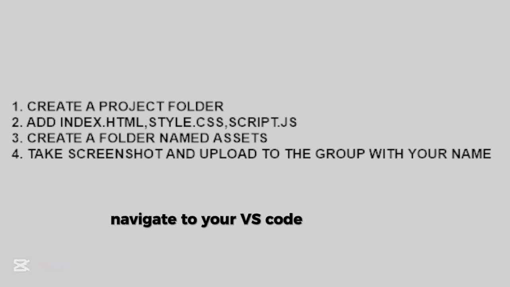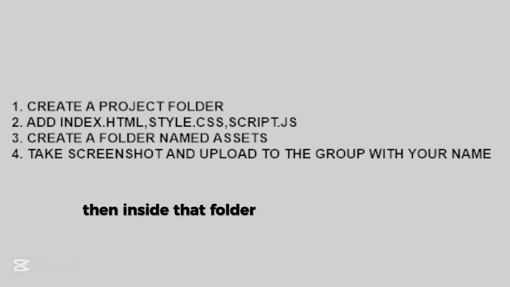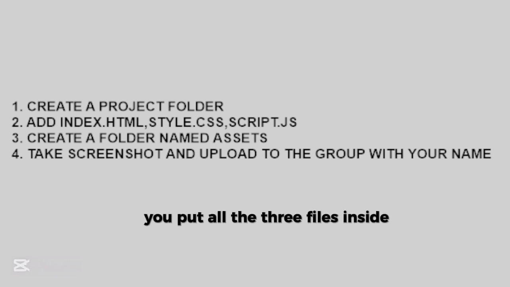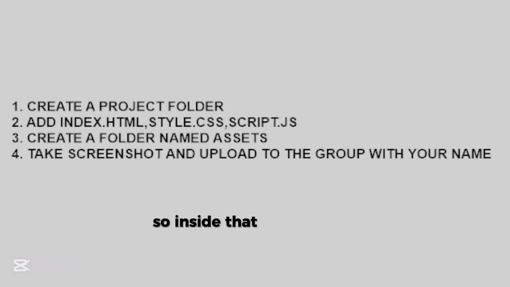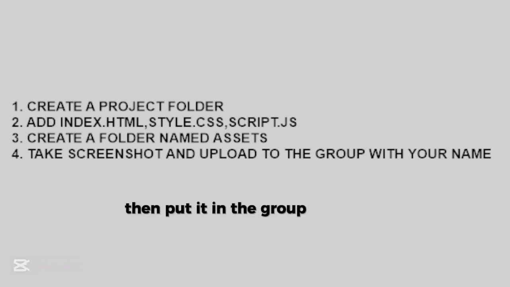Navigate to your VS Code, create them, name them, and give the extension. Then inside that folder you created for your project, every website is a project. So for every website you create a project folder for it, and you give it a name. Then you put all three files inside that project folder. Inside that project folder, I want you to create a folder named assets, and take a screenshot of the assignment, then put it in the group and put your name also there.